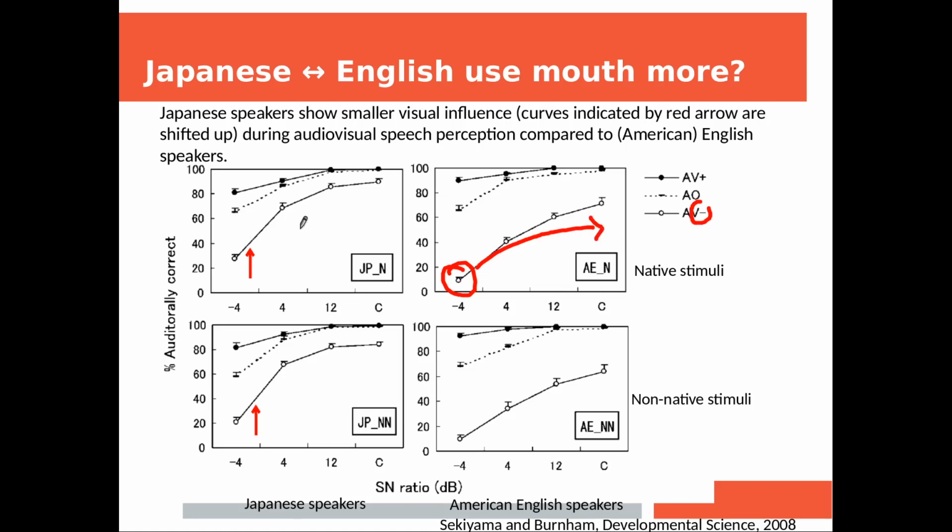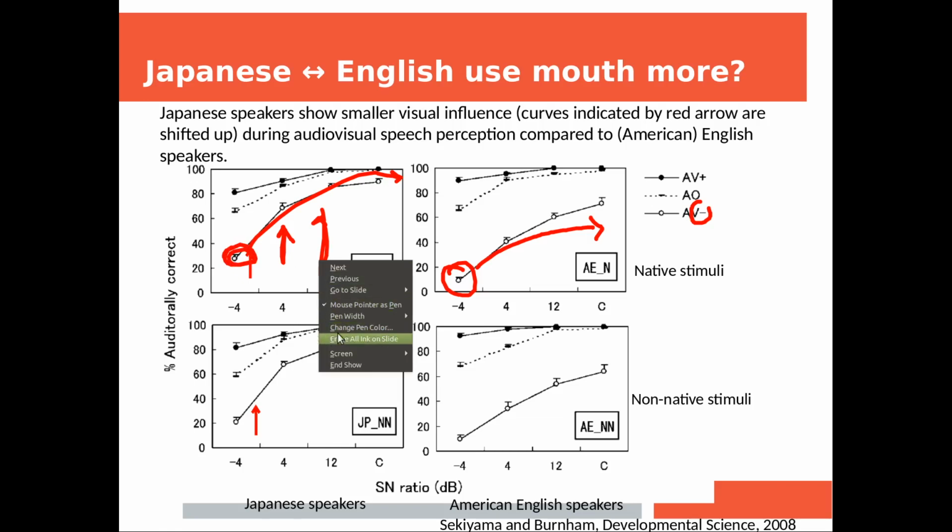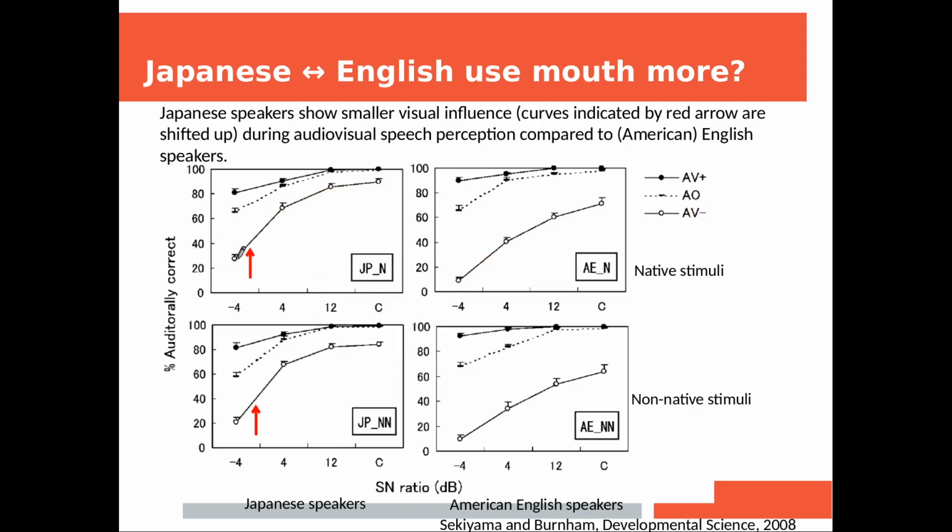For Japanese speakers, they increase faster than the native English speakers as you reduce noise, or even when there is noise, they already have a higher accuracy, and that's true for both native stimuli, in other words sounds in the language, and non-native stimuli, so just some other sounds.